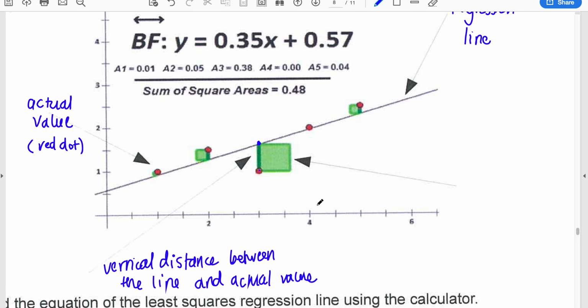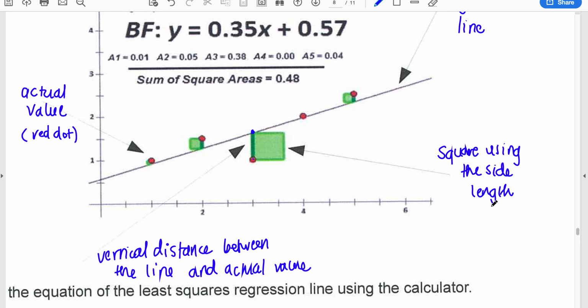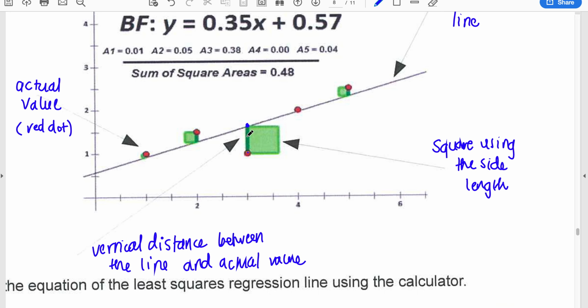How far apart are they? And finally, what we also need to understand in order to understand the least squares regression line is that this here is a square using the side length of the vertical deviation.